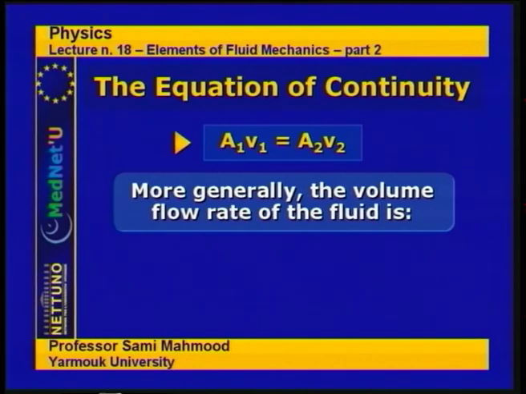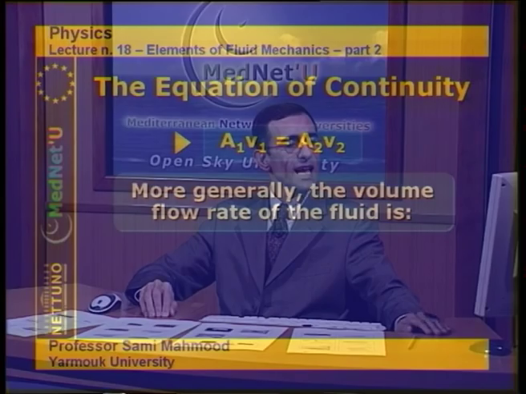So that will be A1 V1 equals A2 V2. Remember that A1 V1 is simply A1 delta x divided by delta t, which means delta V at the input side, and A2 V2 is simply A2 times delta x2 at the output side divided by delta t, and A2 times delta x2 is simply delta V2, but delta V2 and delta V1 are the same.